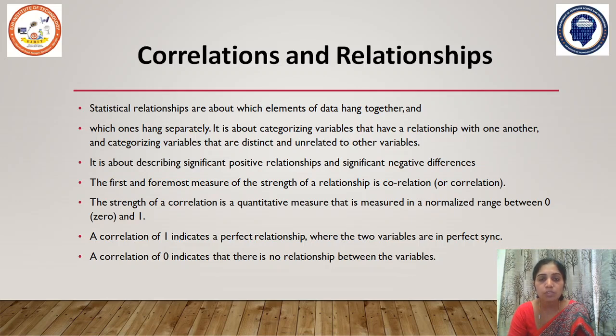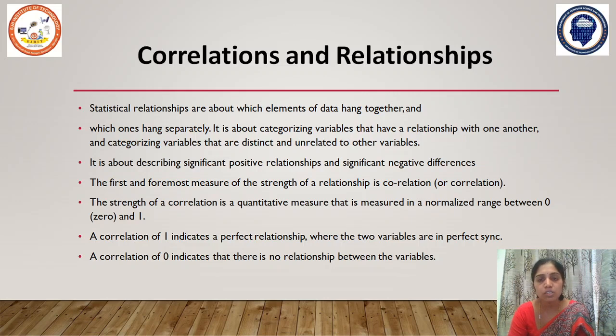A correlation of 1 indicates a perfect relationship where the two variables are in perfect sync. A correlation of 0 indicates that there is no relationship between the variables. A relationship can be positive or it can be an inverse relationship. That is, the variables may move together in the same direction or in the opposite direction.